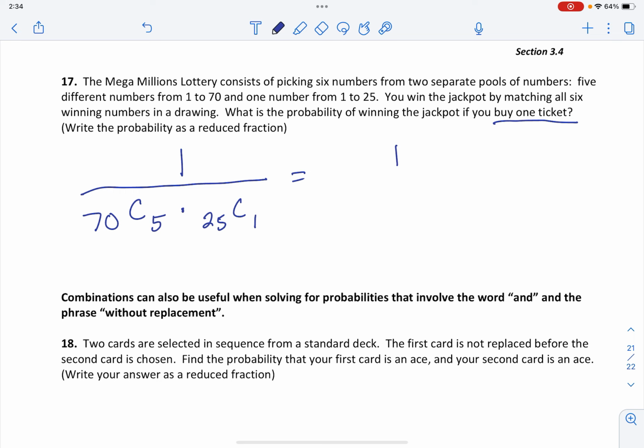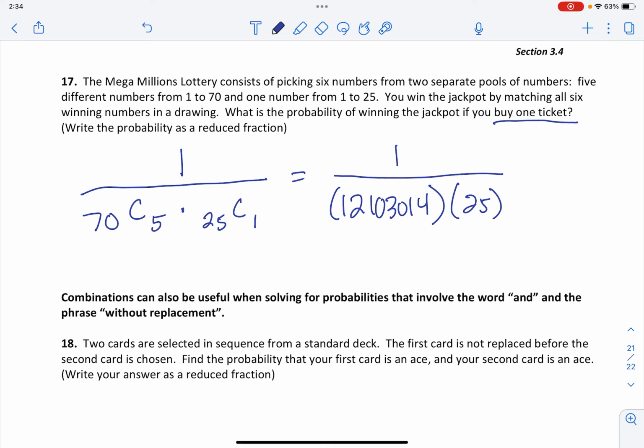If I do the calculations here, let's see, 70 choose 5 is 12,103,014. And then 25 choose 1 is 25. Okay. So if I multiply those 2 together, I'm getting 302,575,350.